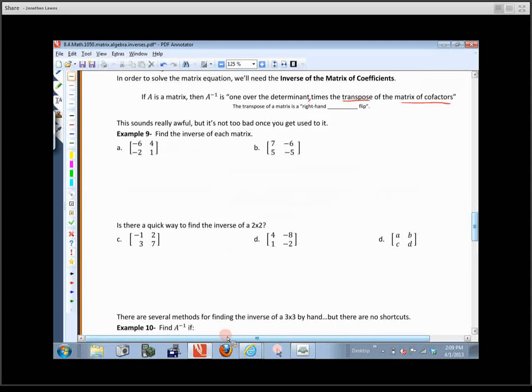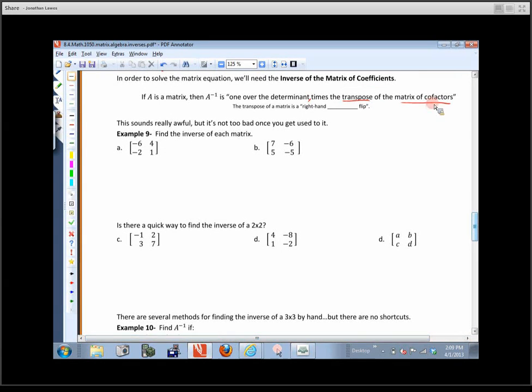So we know what cofactors are. Let's talk about what a transpose is. A transpose is a right-hand pancake flip. What? If you can spell spatula, you can put that there too. I'll show you what that means.